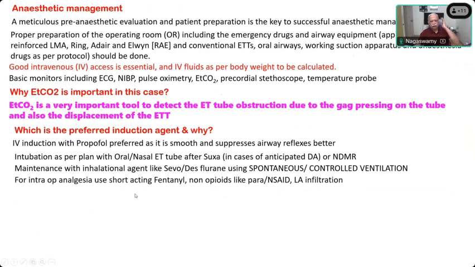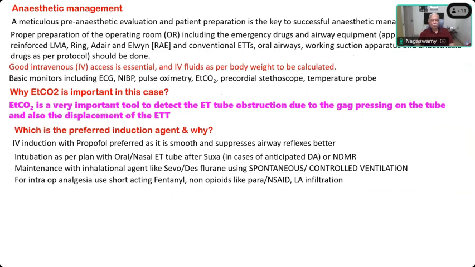For analgesia: short-acting fentanyl, non-opioids like paracetamol and NSAIDs, and local infiltration. How do you do the local infiltration? What nerves are to be blocked? Only this sort of questions, if they come, are the ones you feel greatly bored by.